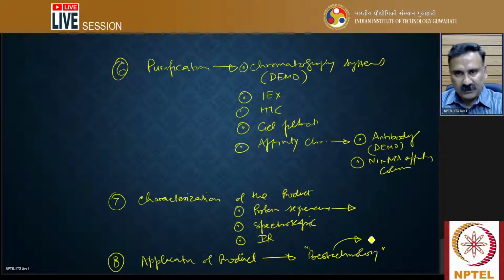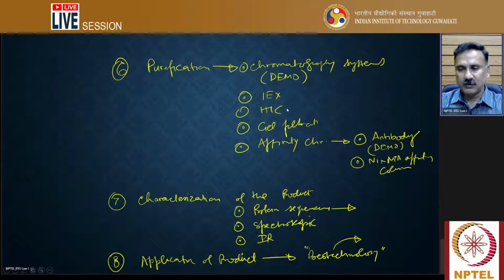So with this brief discussion about the content we have discussed so far in this course, I think it will be a kind of revision for you to recall whatever we have discussed.